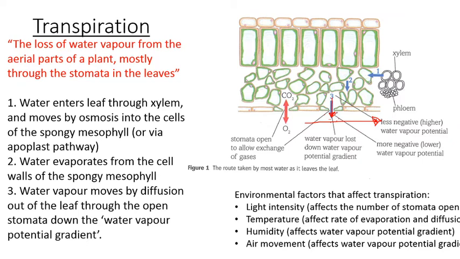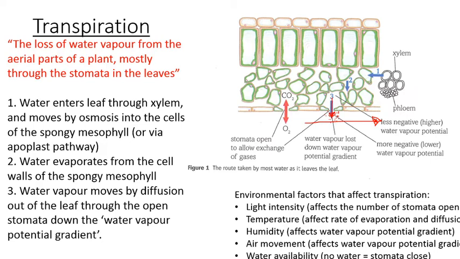If there was no wind and it just diffused down and then the water vapours just stayed outside the stomata, well, you're making the outside of the stomata very wet, therefore reducing the concentration gradient. And therefore, the lower the concentration gradient between inside and outside the plant, the less transpiration, less diffusion will take place. Final one is water availability. If there is no water, the stomata simply close.